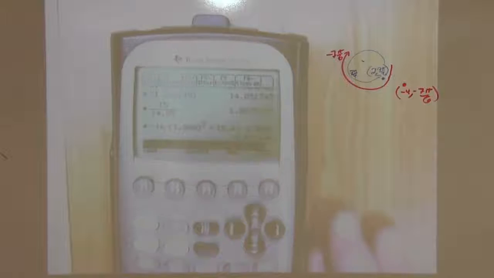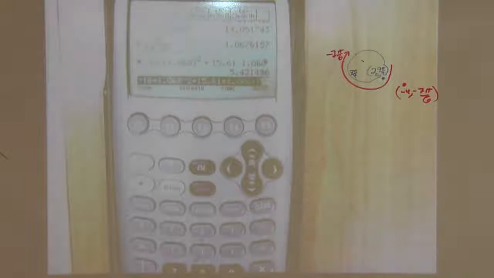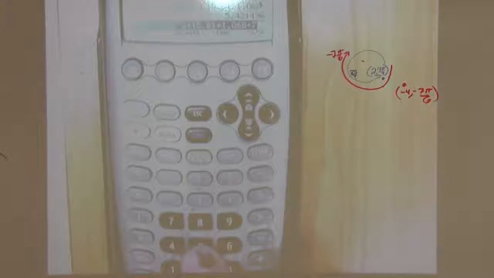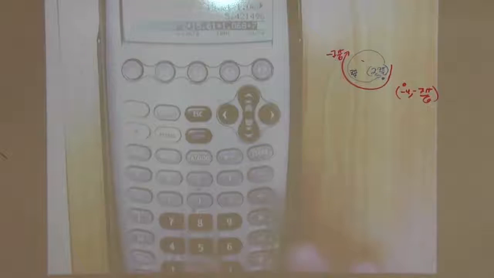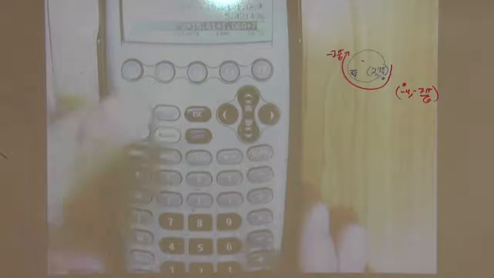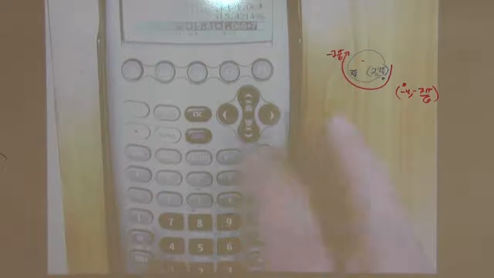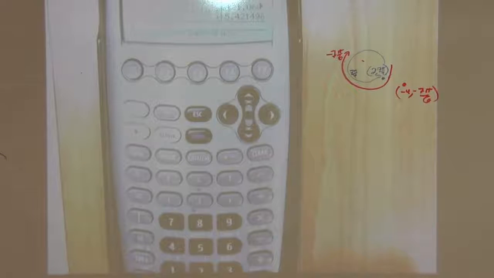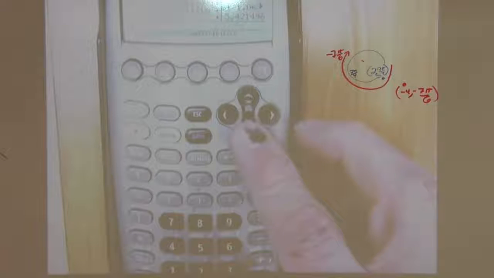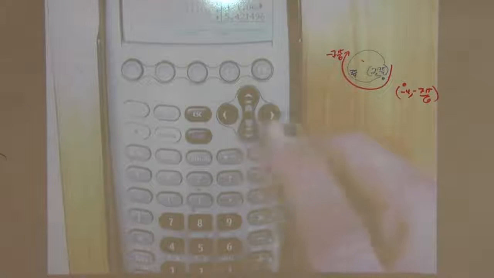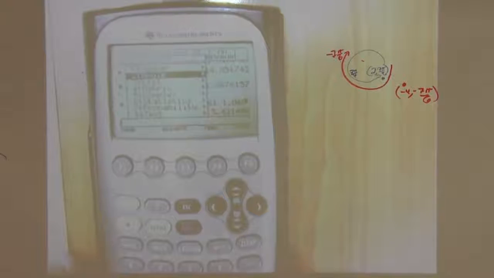Okay. The way we're going to get there is through the Math menu. The Math menu is found here. It's on 5. So if we hit second, 5, we'll be there. Let me clear this out first. So second, 5, that's our Math menu. And then we're supposed to go to Angle, which is the second choice down.